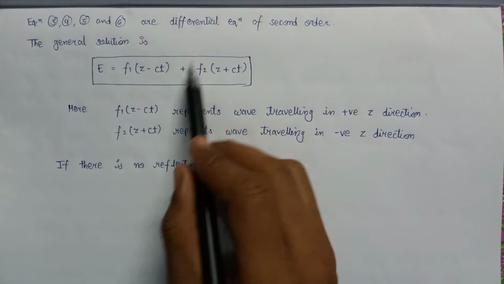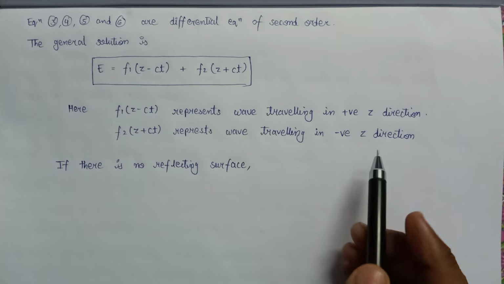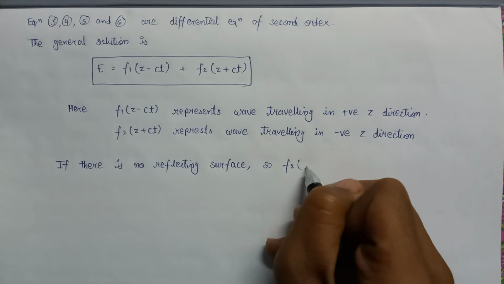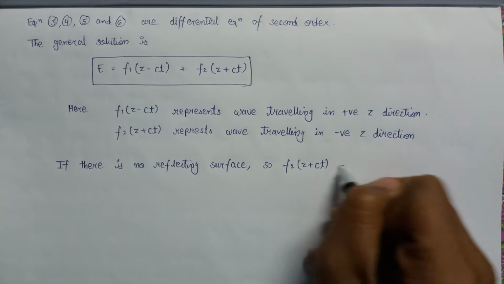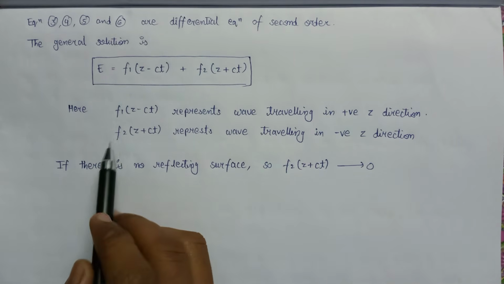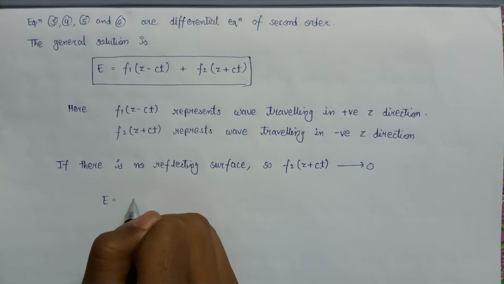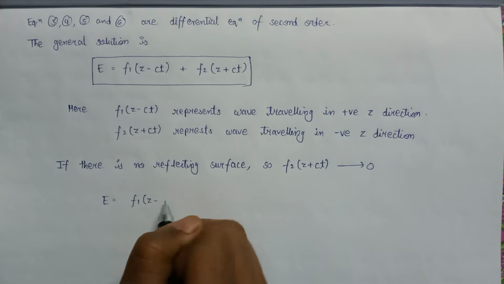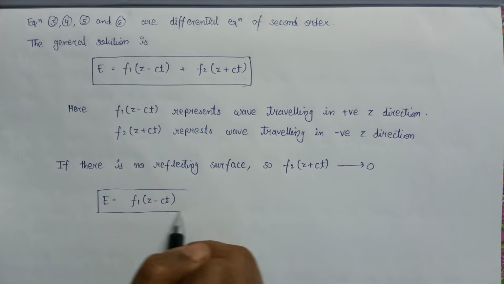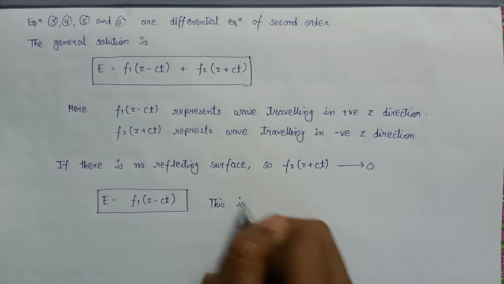So the second term, which represents the wave traveling in the negative z direction, becomes 0. So F2 of (z plus ct) will be 0. Now the general solution of the wave equation will become E equals F1 of (z minus ct). So this is the general solution of the wave equation.